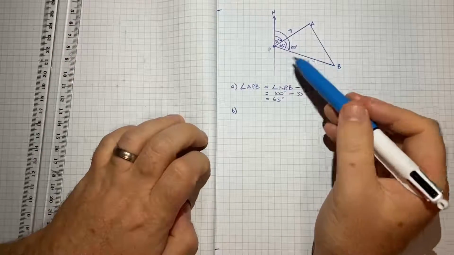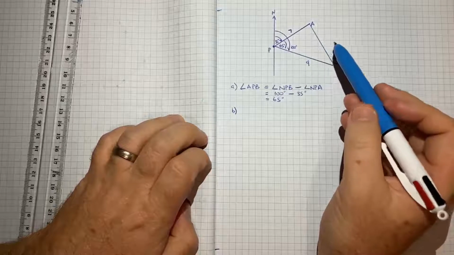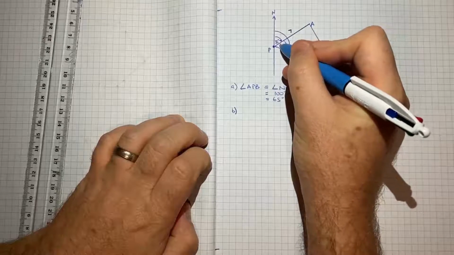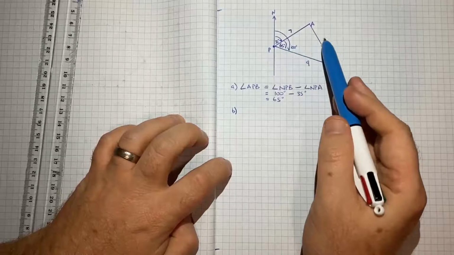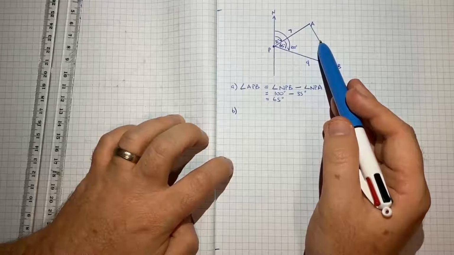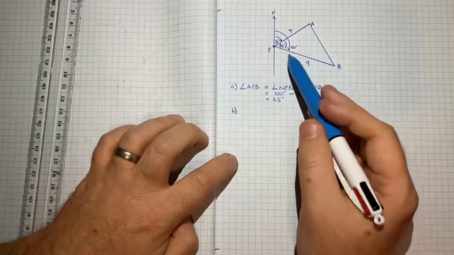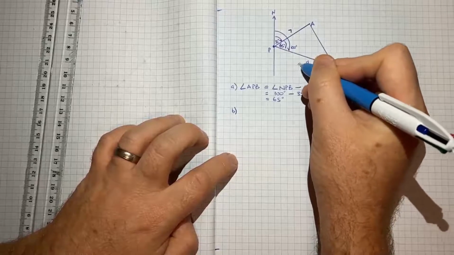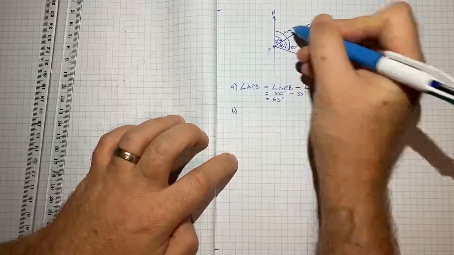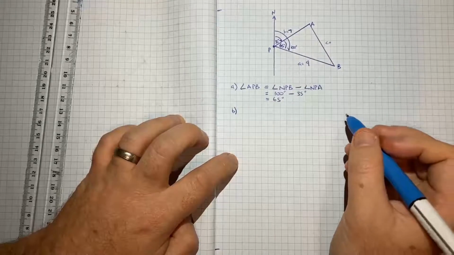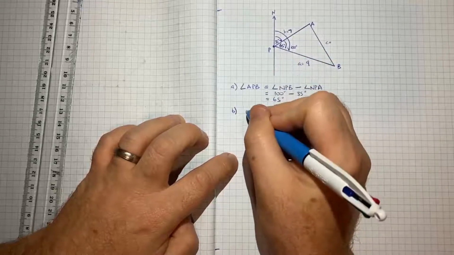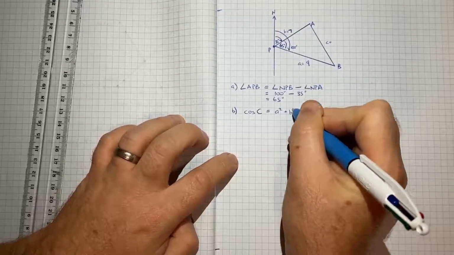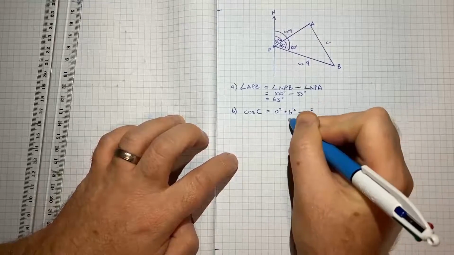And as with a lot of HSC style questions, we're almost given a hint by doing part A. The hint is, well, can we use what we've just worked out in part A to work out part B? And I think we can using the cosine rule. So what we can know is that if I called this length A, and this length B, and this line here C, we know that the cos of C is equal to A squared plus B squared minus C squared on 2AB.